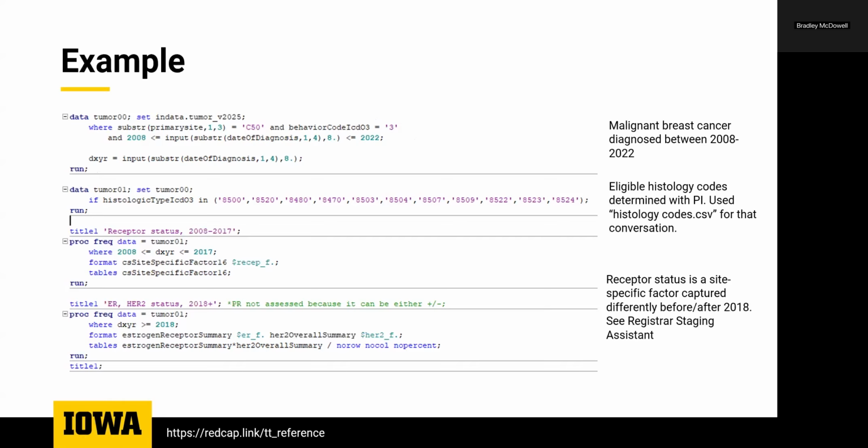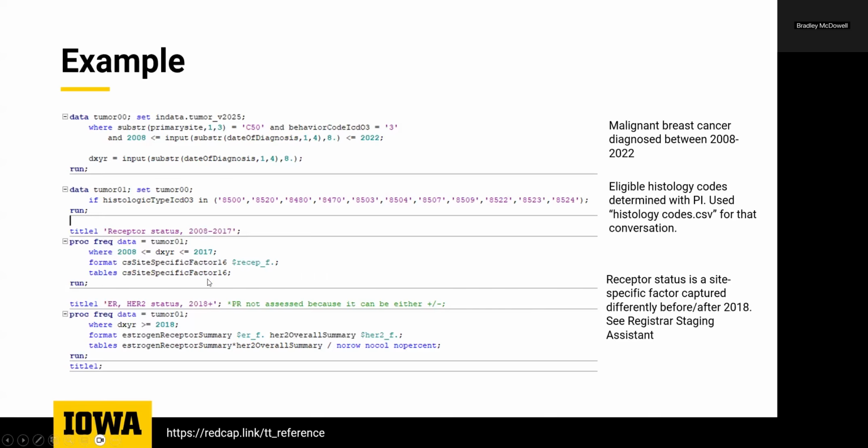The PI went through all the histologies and just checked off which ones they were interested in and which ones we were going to throw out. This is the list of ones that they were interested in. And like I said, this right here is probably 80% of what I would do with this table.